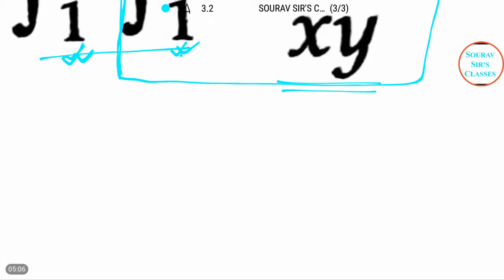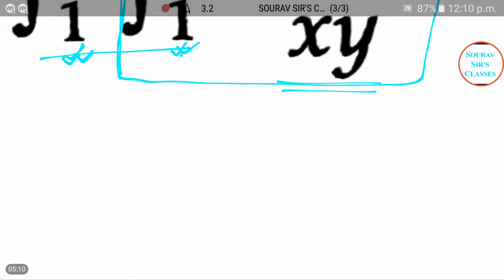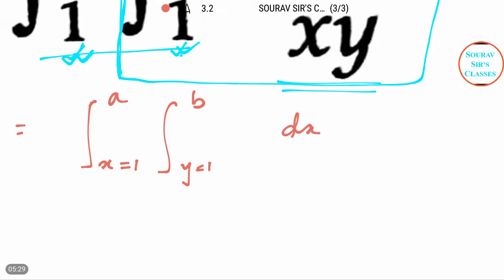From this we can write this equals integration x equals 1 to a of integration y equals 1 to b of dx dy divided by xy.